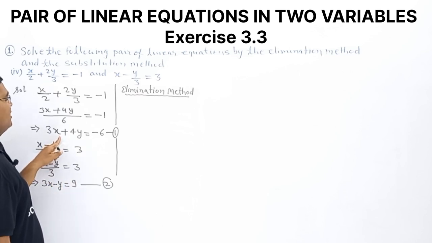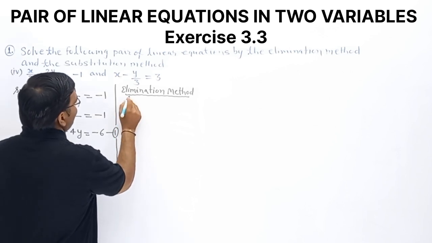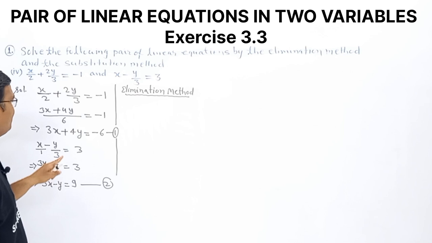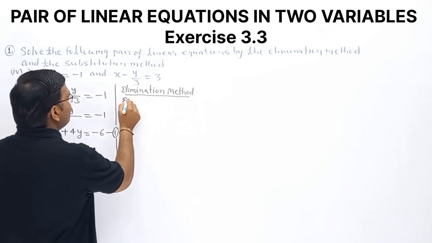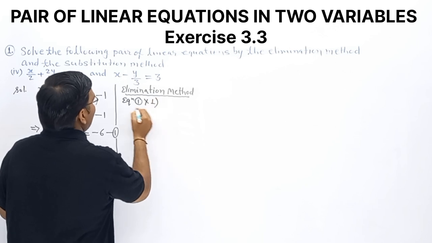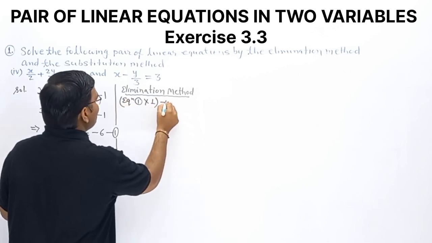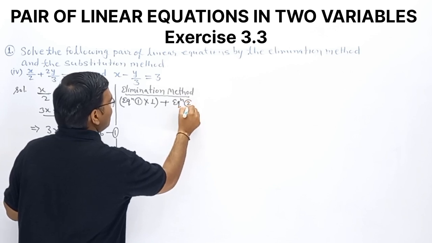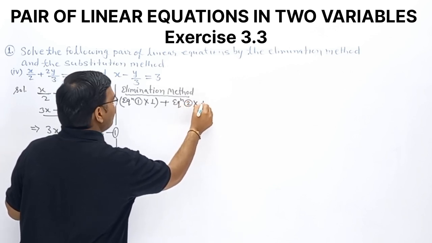In the elimination method we want to eliminate one variable. Observe, equation 1 is multiplied by 1 and added to equation 2, which is multiplied by 4.